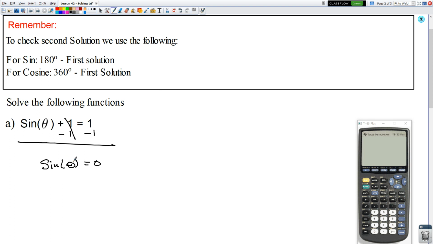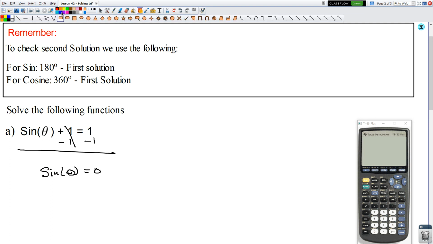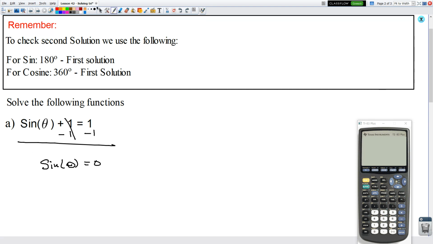And remember that if we were able to cancel out the sine function, we're going to get theta by itself. For us to cancel out that sine function, we have to apply the inverse function. This was explained in lesson 41.